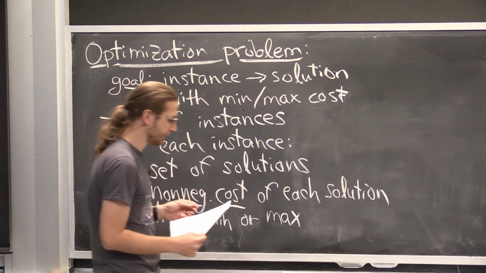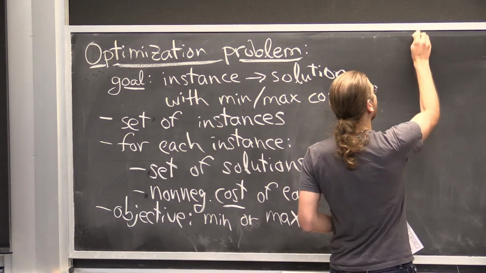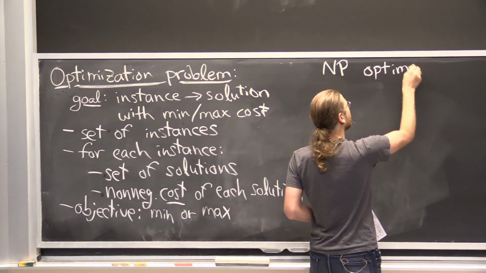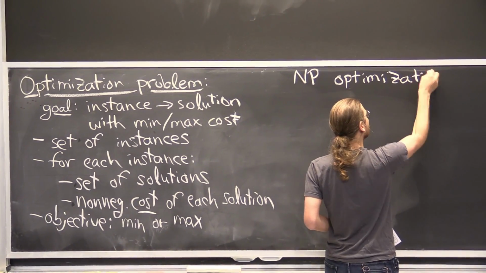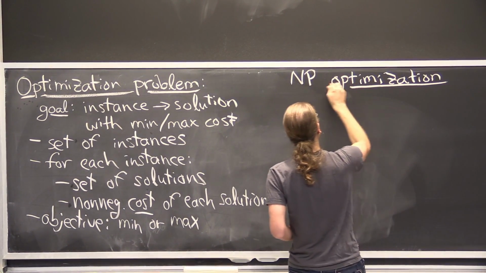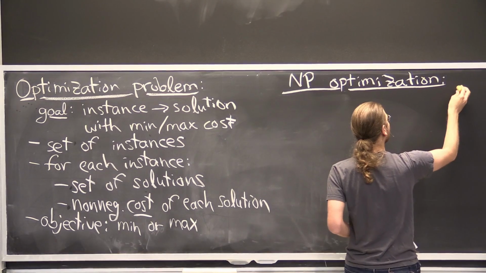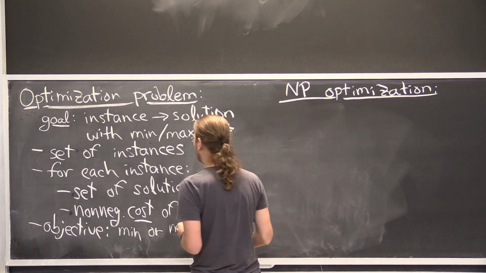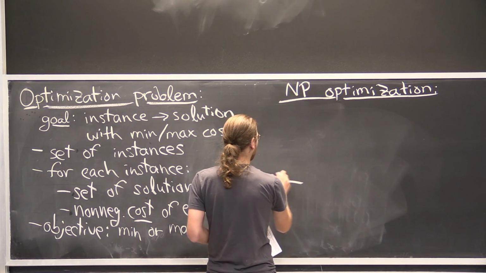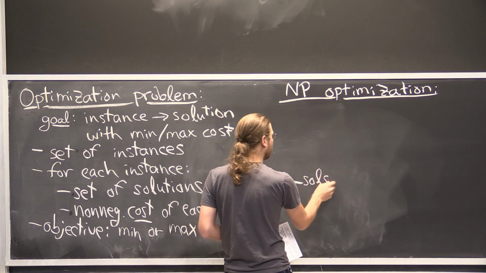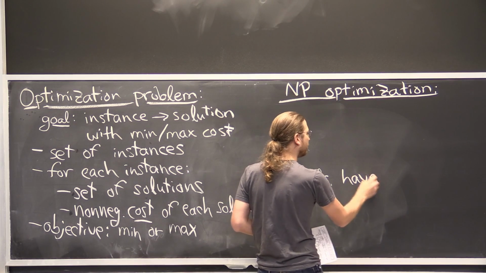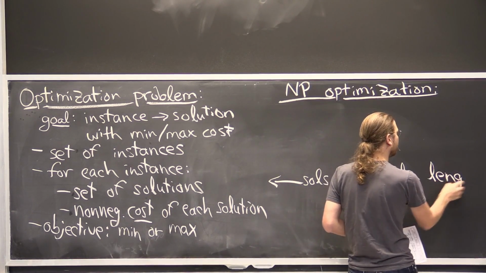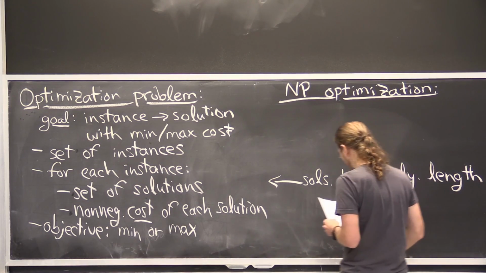Now let's make it a little bit more interesting by defining an NP optimization problem. This is going to be the analog of NP for optimization. So one thing is that all solutions have polynomial length, polynomial in the length of the input, the instance.